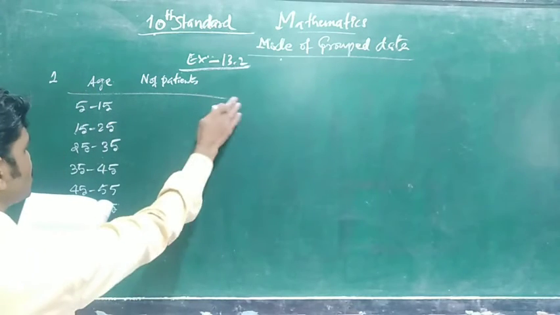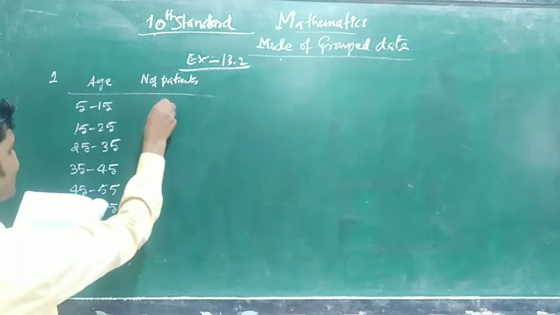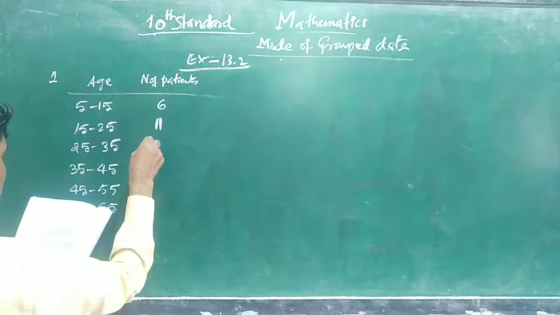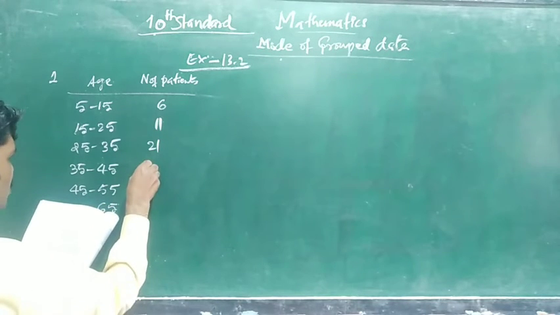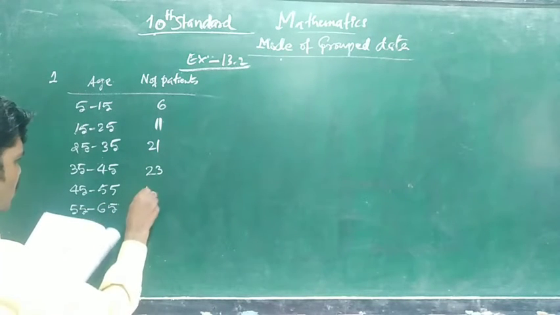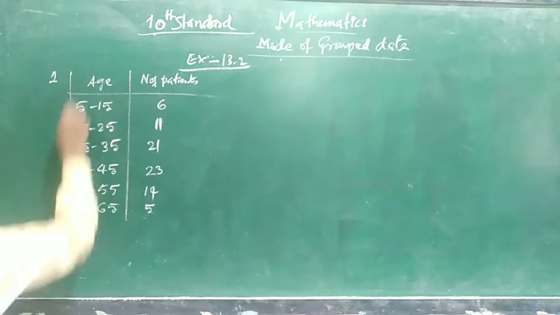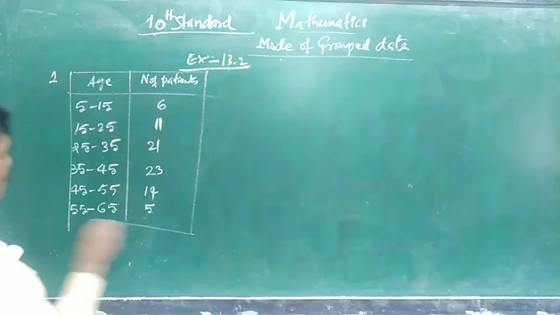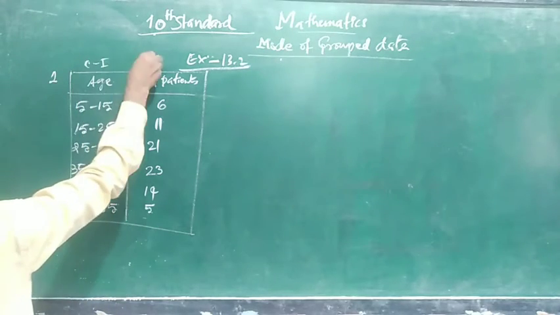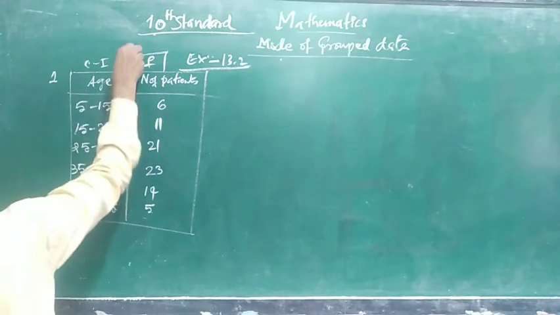Number of patients: 6, 11, 21, 23, 14 and 5. So this is the class interval and this is the frequency, we know that.